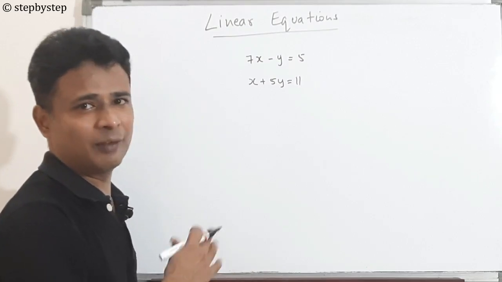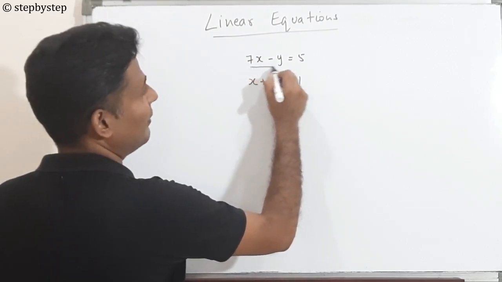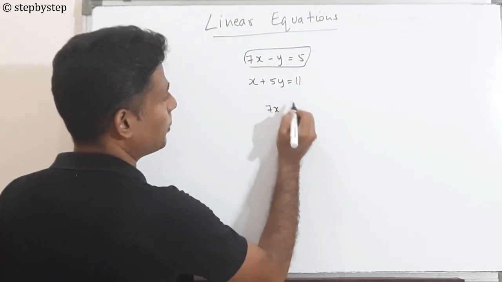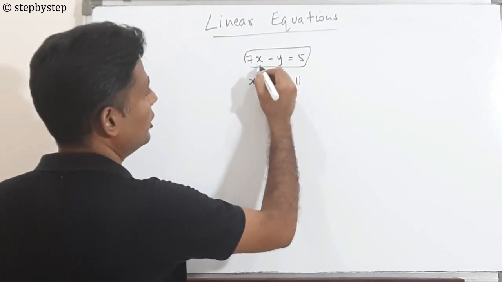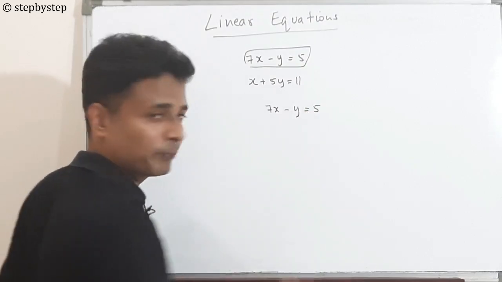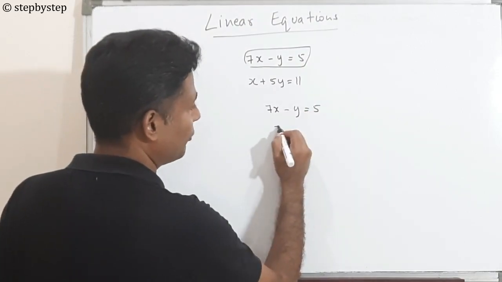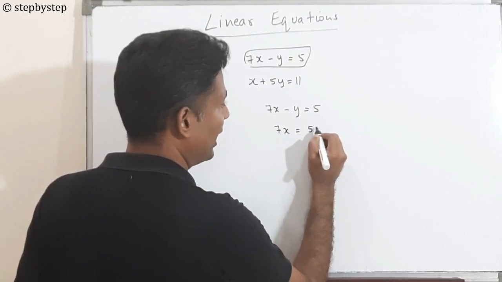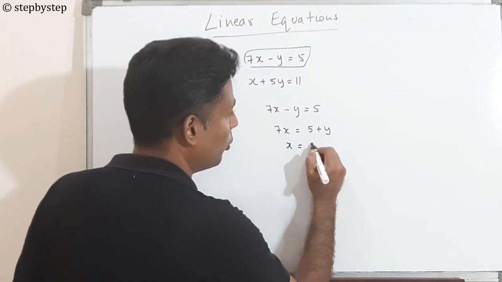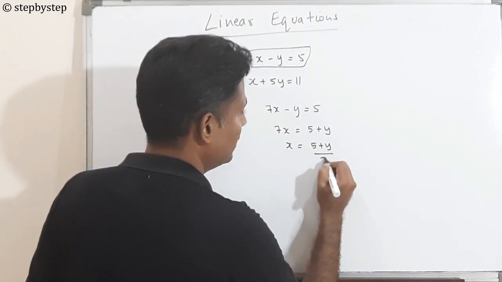Now substitution method, very simple. We have 7x minus y equal to 5. I'll find x in terms of y. I'll take y on that side first: 7x equal to 5 plus y. Then I transpose 7, I get x equal to (5 plus y) by 7.